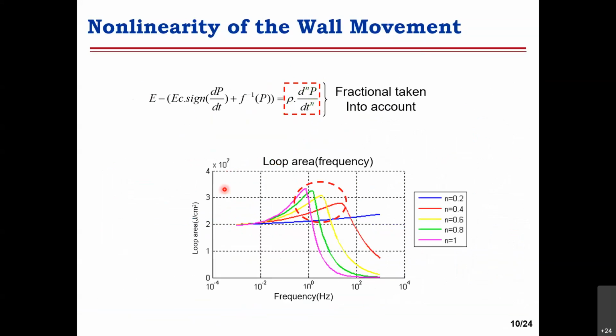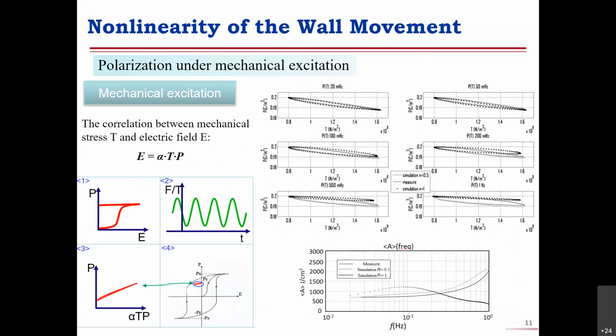So we are thinking of using a fractional derivative in this model, and it works very well. And after modeling this piezoceramic electric model, we use the scaling law E equals FTP to model this mechanical excitation.